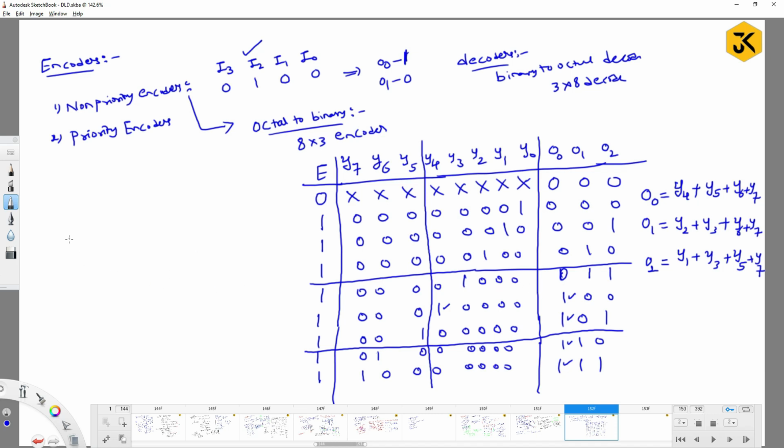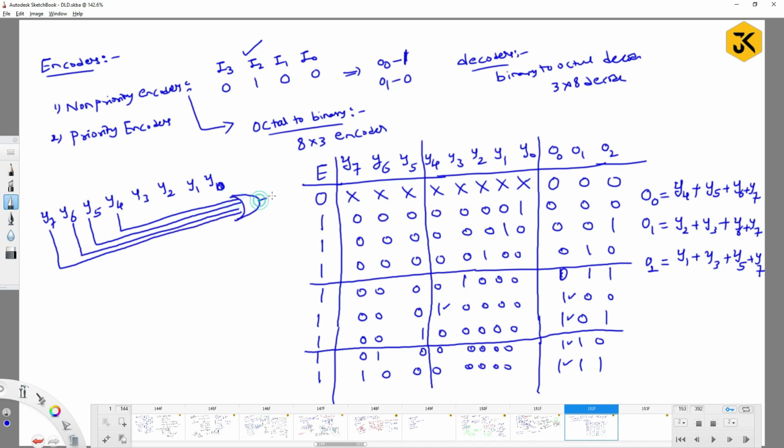So if you take Y7, Y6, Y5, Y4, Y3, Y2, Y1 and Y0 as inputs, your expected outputs are O0, O1 and O2. O0 is Y4, Y5, Y6 and Y7 along with an OR gate, giving the output O0.